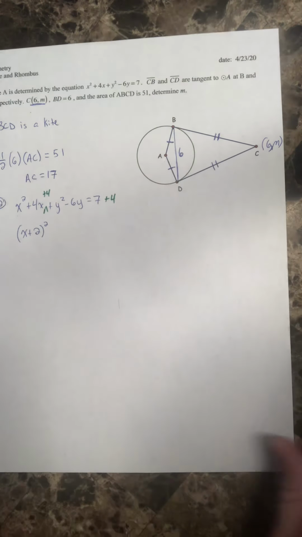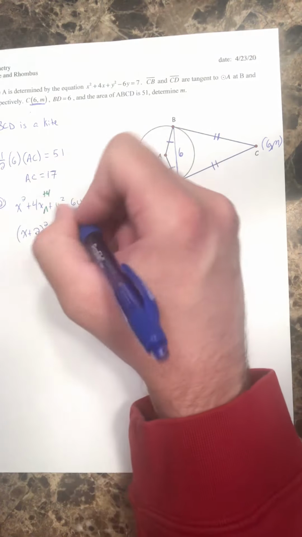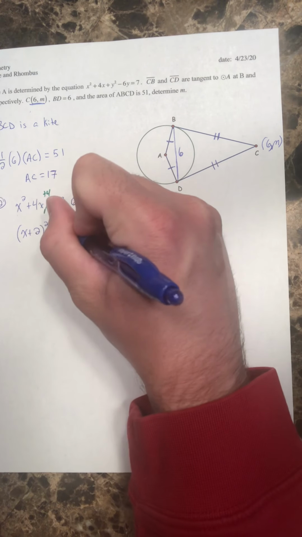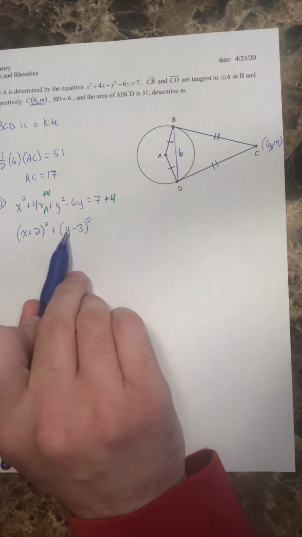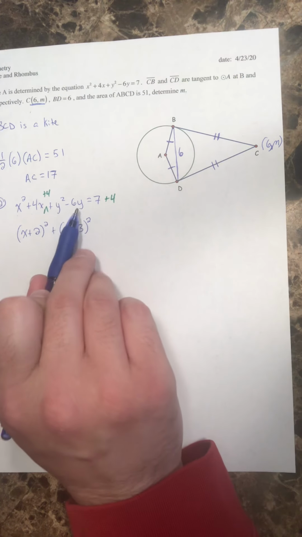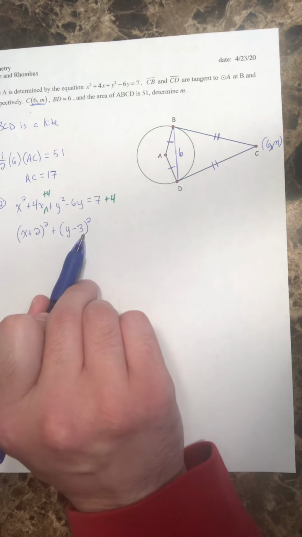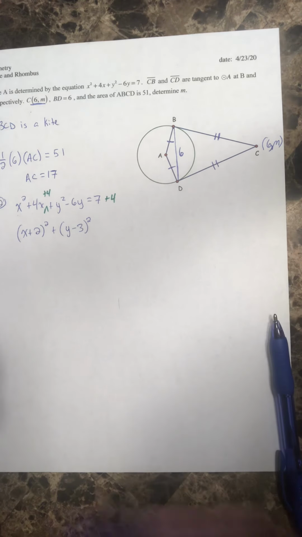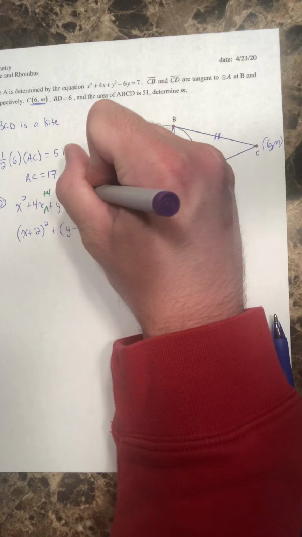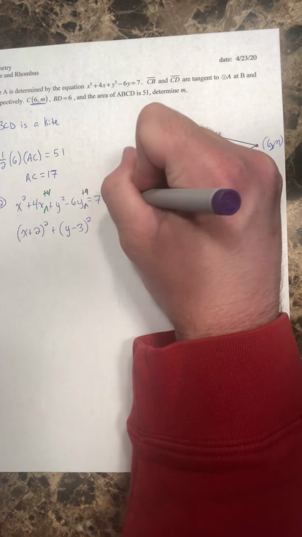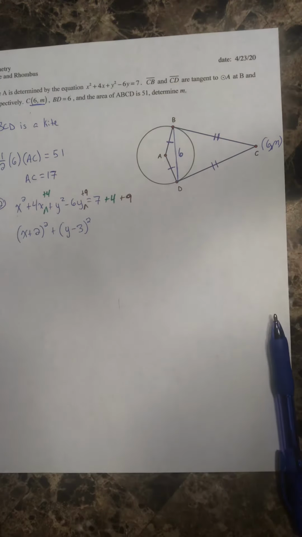Okay, and then I could do the same thing with the y squared minus 6y. So I'll have plus y minus 3 quantity squared, because that's going to guarantee me a y squared. It's going to guarantee me negative 3y twice, but it's also going to give me a 9 that wasn't part of the problem. So I'm going to have to add a 9 to both sides of the equation to complete the square there.